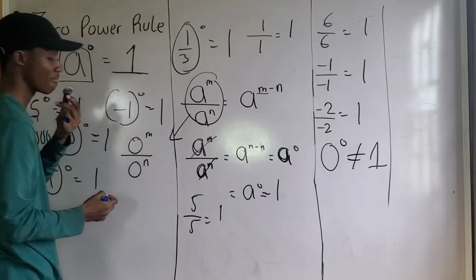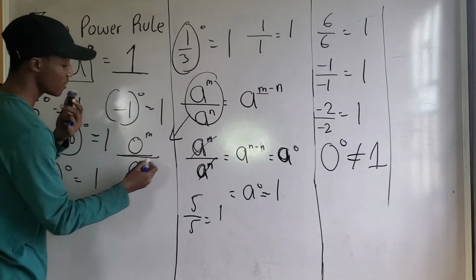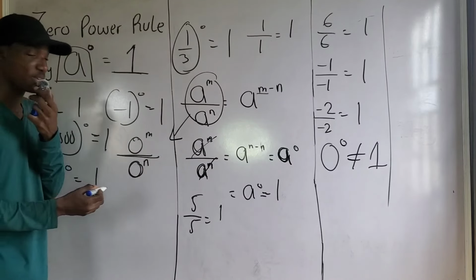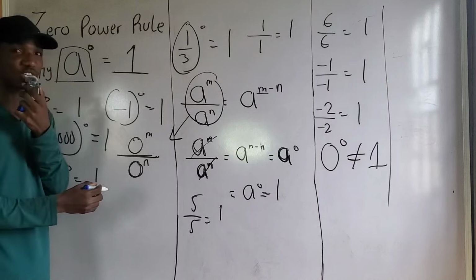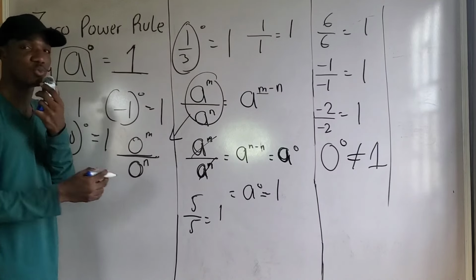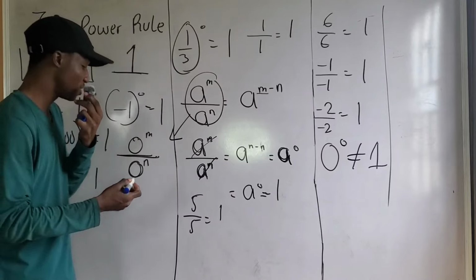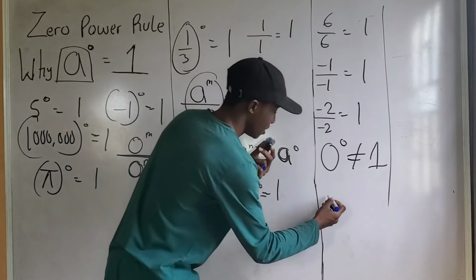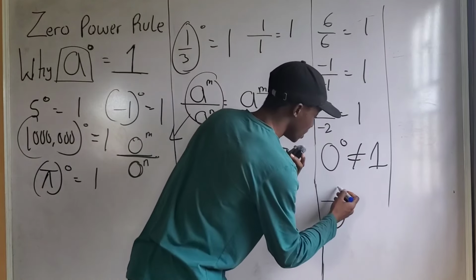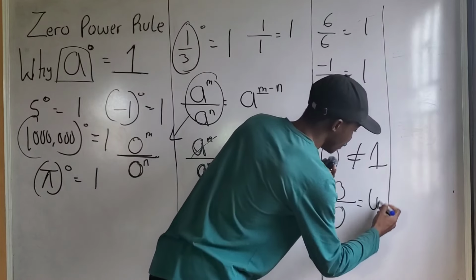Now, because the denominator of this fraction will be 0, and any fraction whose denominator is 0 is undefined. You understand? Any fraction whose denominator is 0 is undefined.